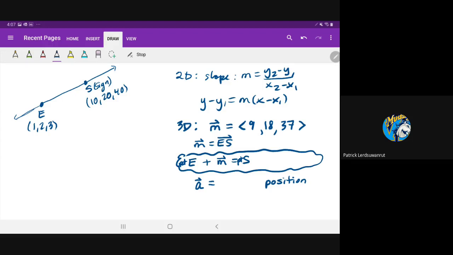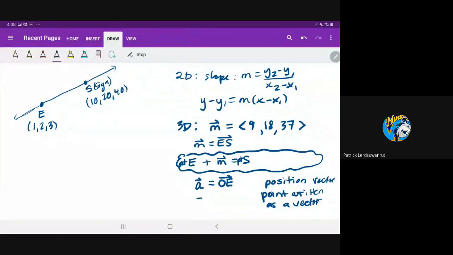I would love to just add the 1, 2, 3 to 9, 18, 37 and get 10, 20, 40. What I call it is a point written as a vector. You just take the point and write it as a vector instead. The official way you would do that is you would call it OE.